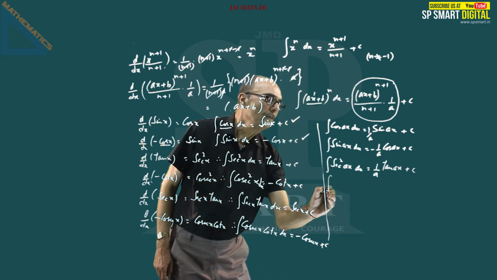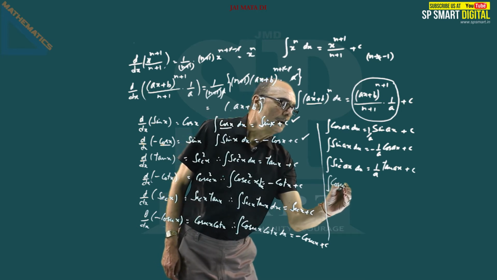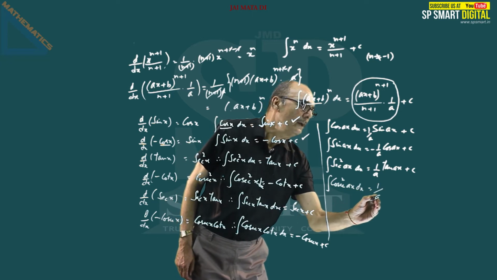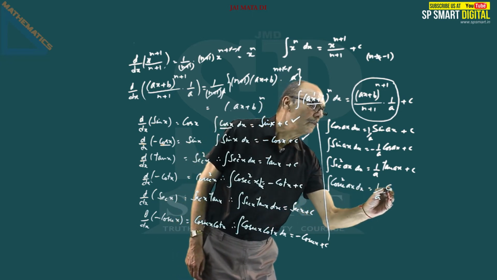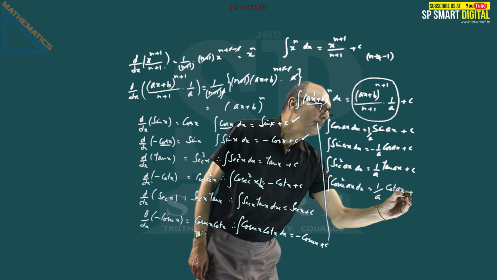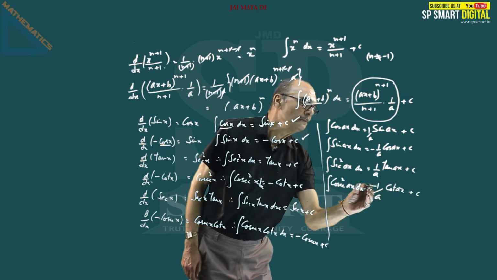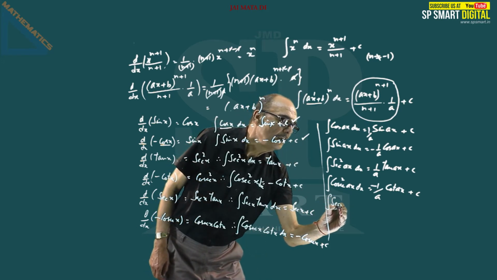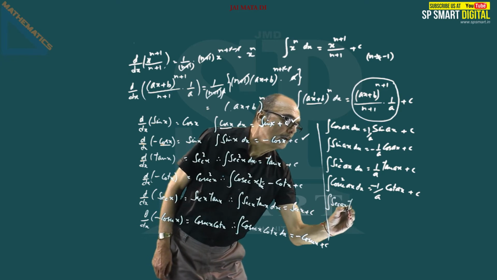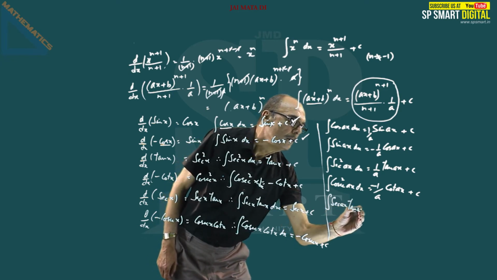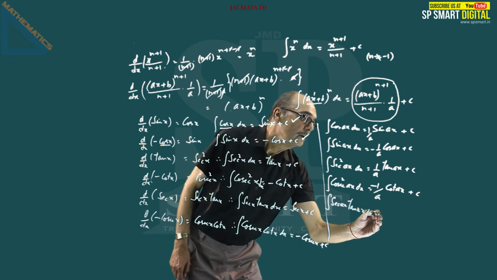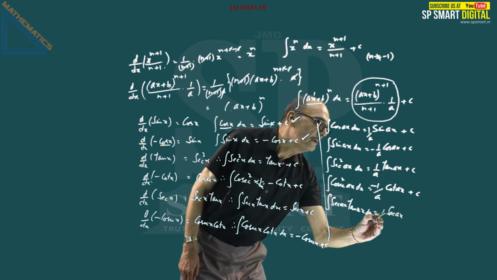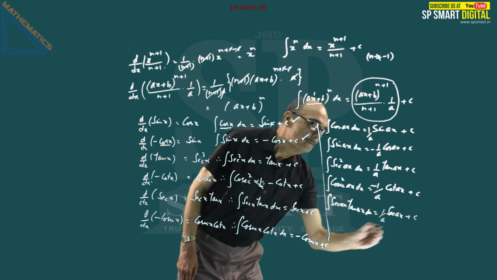Then integral of cosec square ax dx is 1 by a cot of ax plus c with minus sign here. Then integral of secant ax tan ax dx is secant of ax divided by coefficient of a plus c.